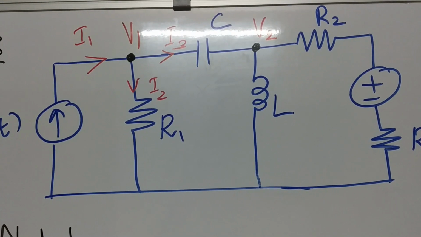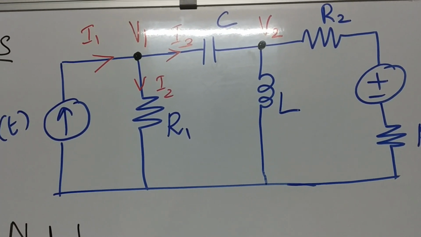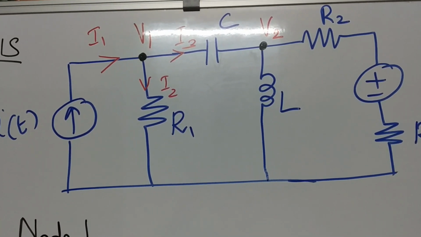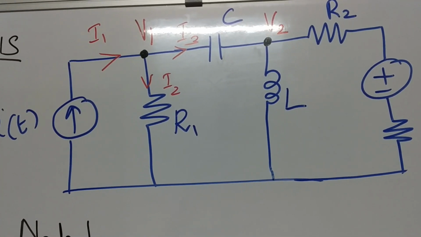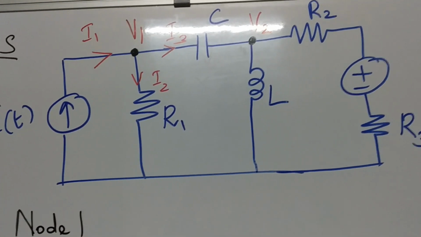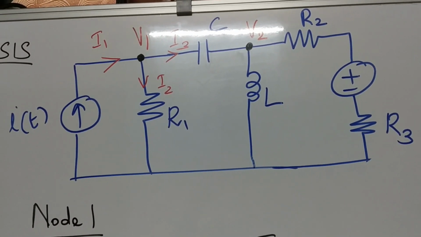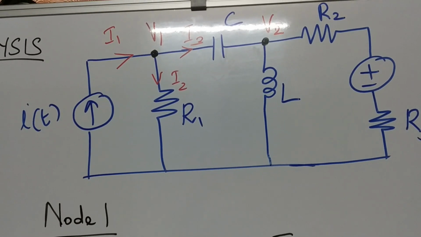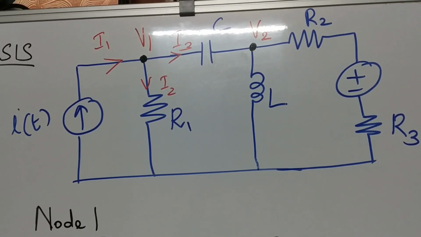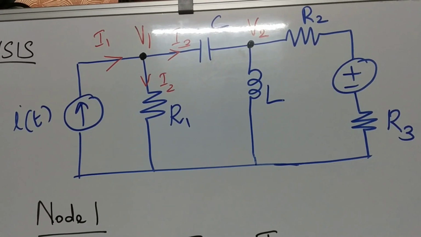So, there are 2 nodes. I have marked them as black dots, and you can assign voltages to the nodes. Since there are 2 nodes, I am assigning them as V1 and V2. The first node voltage is marked as V1 and the second node voltage is marked as V2.